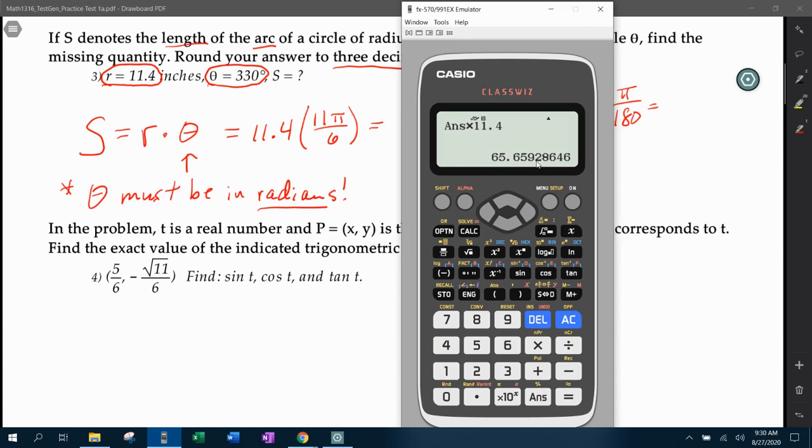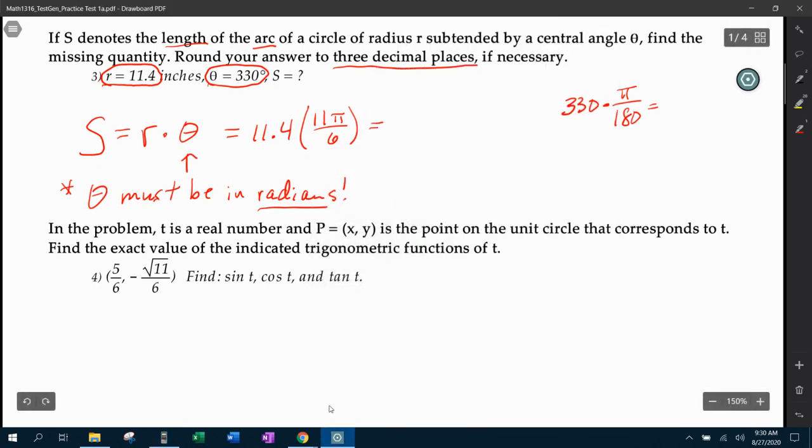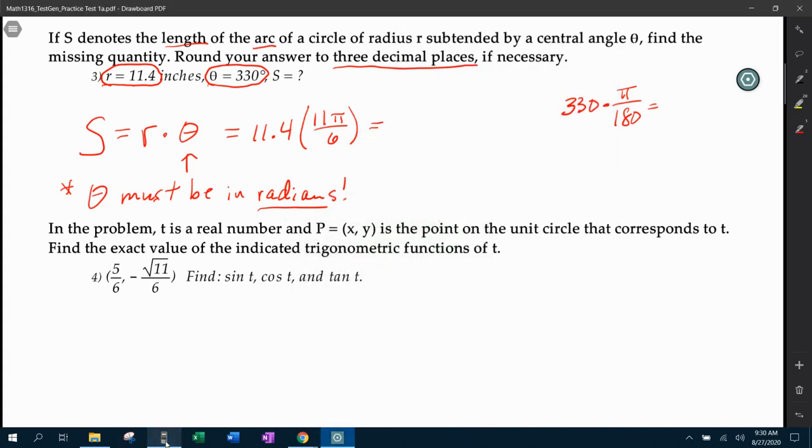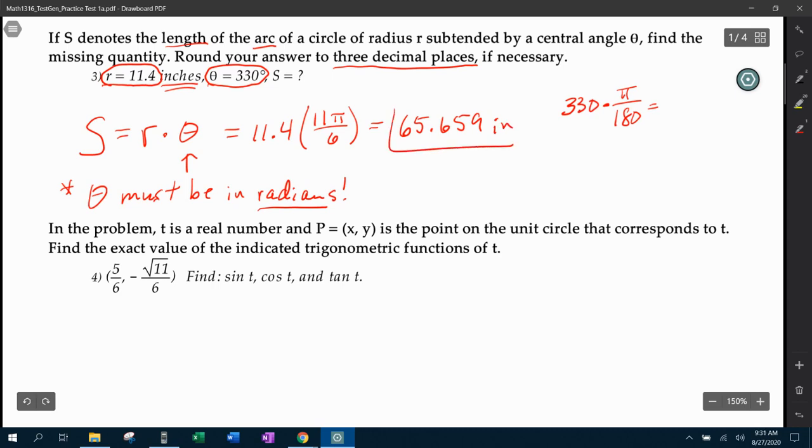The 9 sees a 2, so that's going to stay a 9. 65.659. And that is the arc length, which is going to have the same units as the radius. And so that's going to be 65.659 inches, okay?